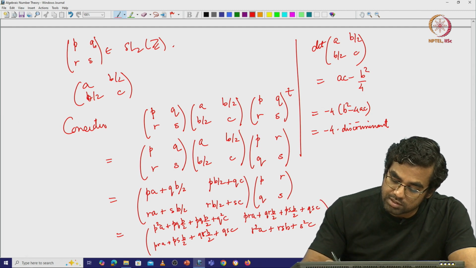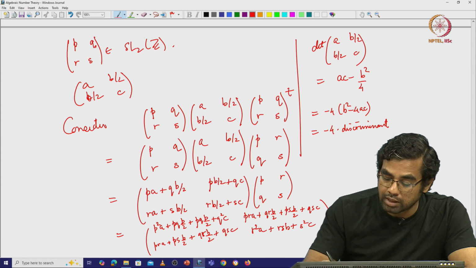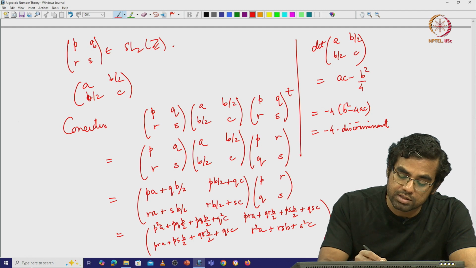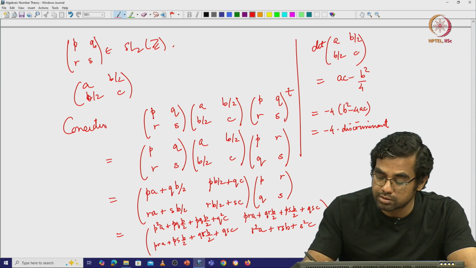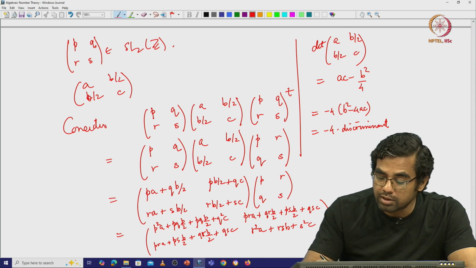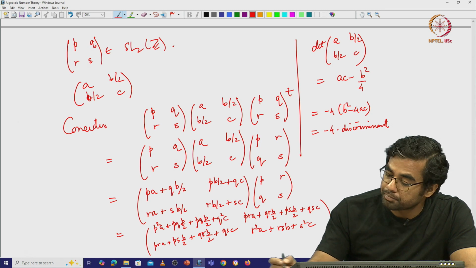The reason the diagonal terms look like values of the binary quadratic form is because you are indeed multiplying the matrix by (p, q) and (p, q), and (r, s) and (r, s). So the off diagonal terms look a little more complicated, but the diagonal terms are precisely values of the binary quadratic form.